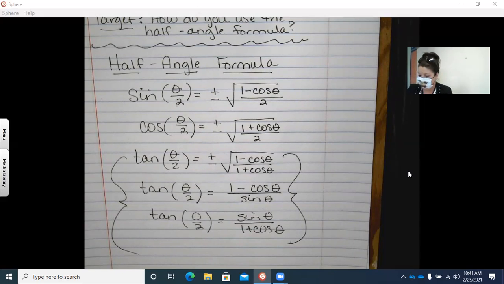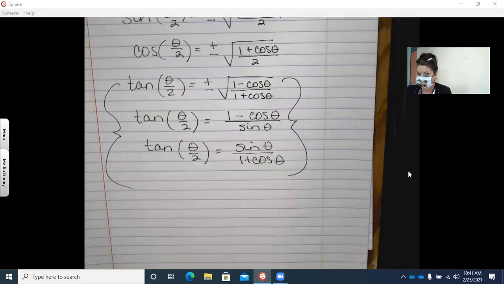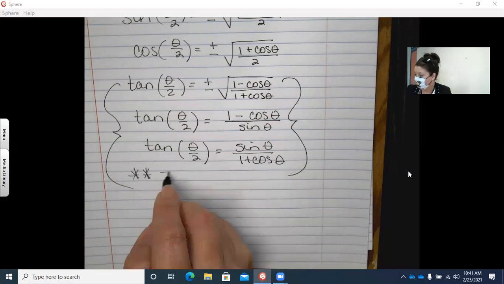The positive or negative symbol in each formula does not mean that there are 2 possible values for each function.